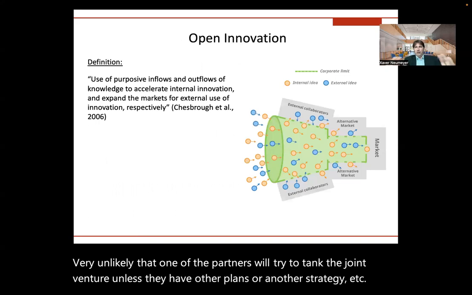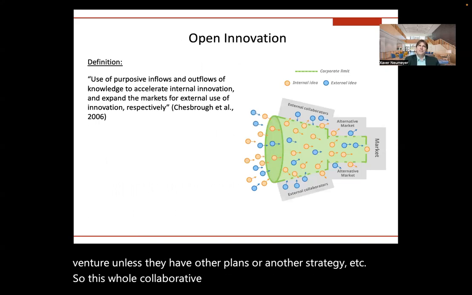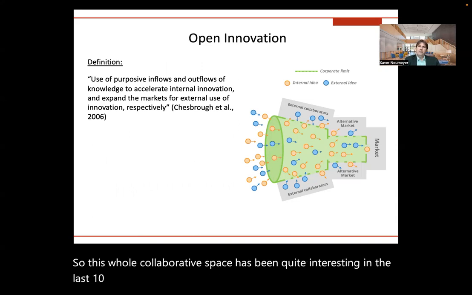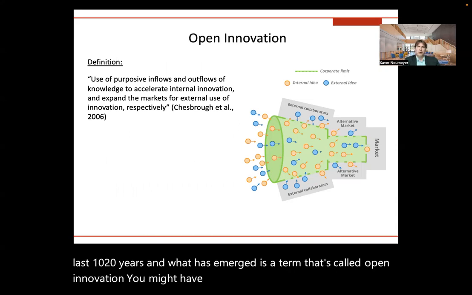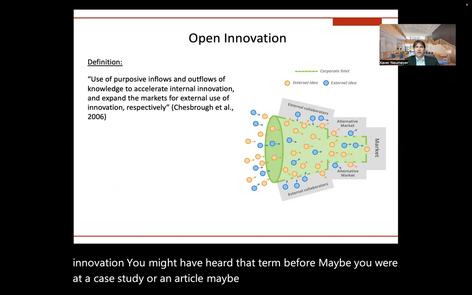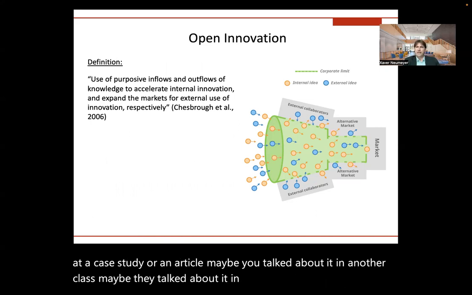So this whole collaborative space has been quite interesting in the last 10, 20 years. And what has emerged is a term that's called open innovation. You might have heard the term before. Maybe you read a case study or an article. Maybe you talked about it in another class. Maybe they talked about it in your company. And the idea of open innovation is exactly that, right?